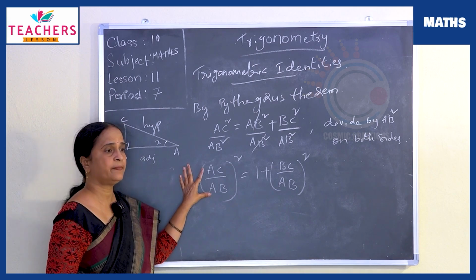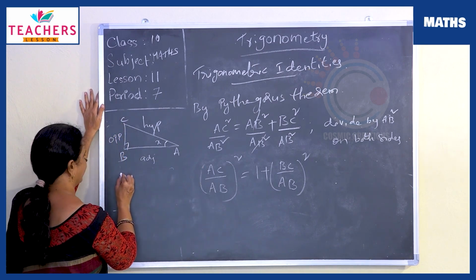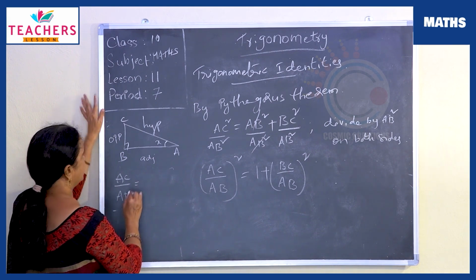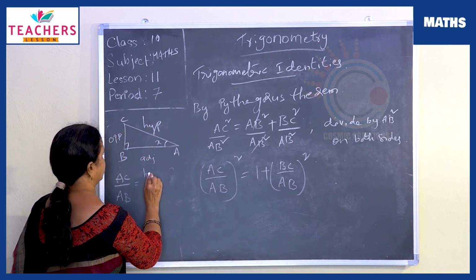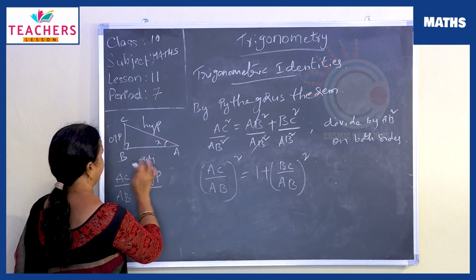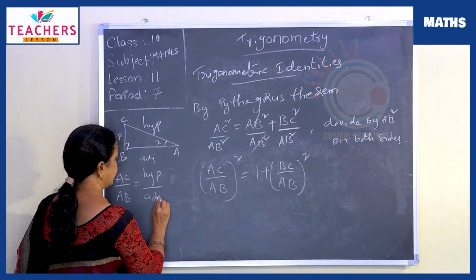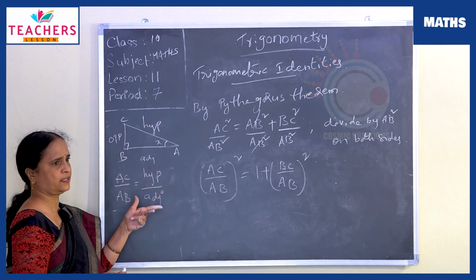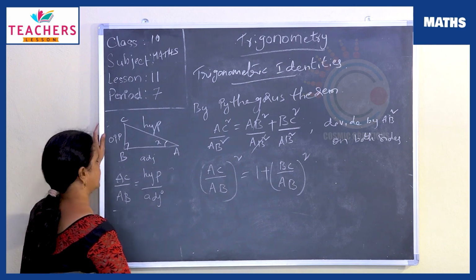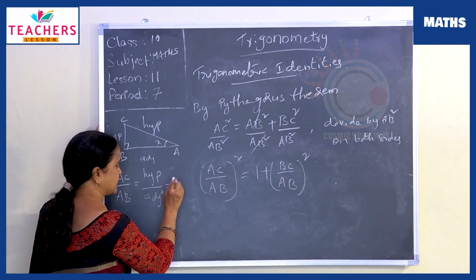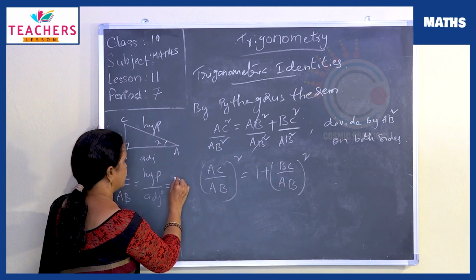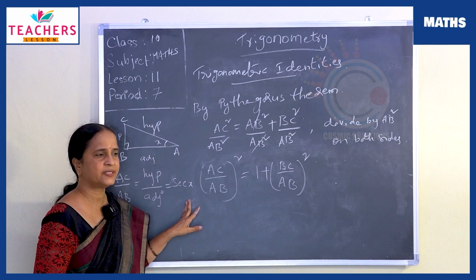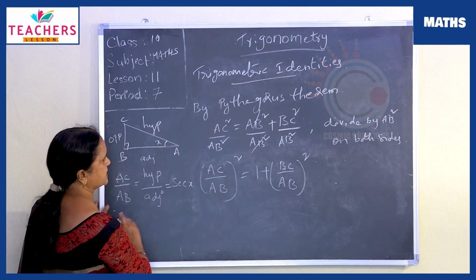Now what is AC by AB? AC is hypotenuse and AB is adjacent. Adjacent by hypotenuse would simply be cos, but hypotenuse by adjacent is secant x.